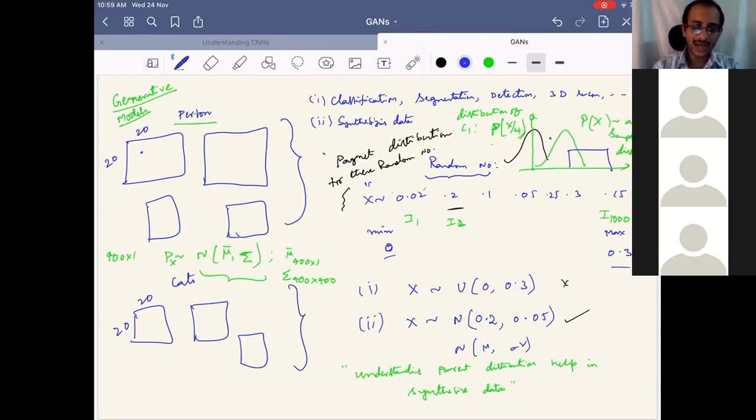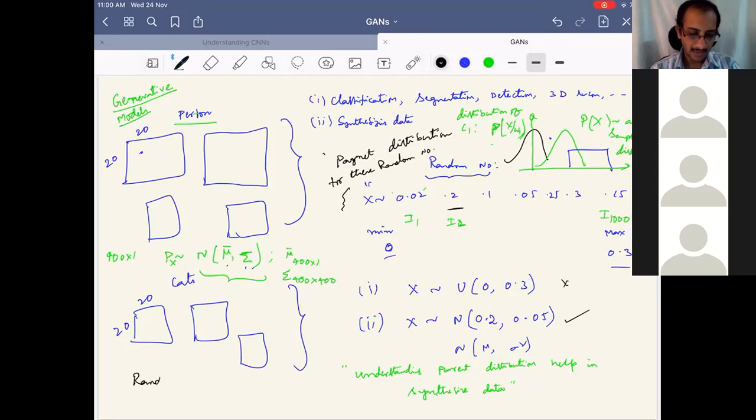But what we are capturing is not individual pixel means and pixel variances. In a higher dimensional space, a point is represented by all dimensions. So we are essentially finding the distribution of the whole vector, the random vector representing the random sample at hand. Each sample is a random vector, and its distribution is what we are trying to capture.